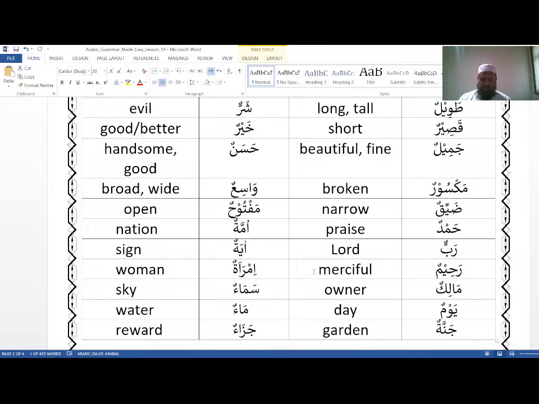No ta marbuta, no alif maksura. What is alif maksura? Fatha on the last letter and ya at the end. That is alif maksura. So there is no alif maksura. Alif mamduda, yes, alif and hamza. So according to the rule it is muannas. It's supposed to be muannas.